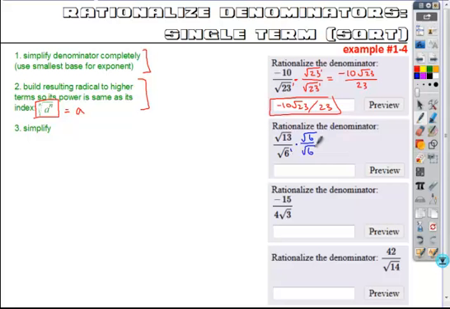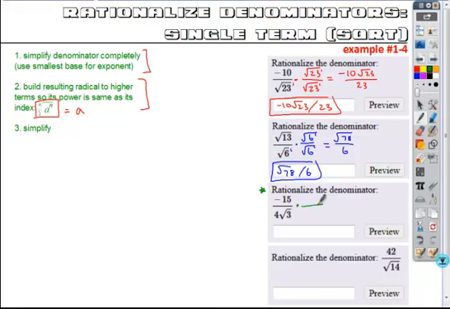I have 6 to the first, so how many more 6's do I need so that my total sum of powers is equal to my index? Just 1. When I multiply here, 13 times 6: 10 times 6 is 60, 3 times 6 is 18, and 60 plus 18 is 78. All over root 6 times root 6, the root and the power cancel, leaving my answer as root 78 over 6.